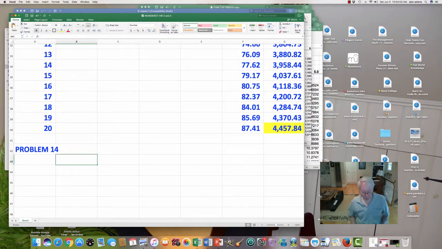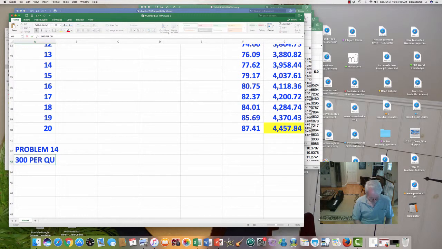So the first thing we're going to do is say she's going to take $300 per quarter. The rate she's going to use is 8% annually. And she's going to do that for, now this is where a lot of students get messed up.